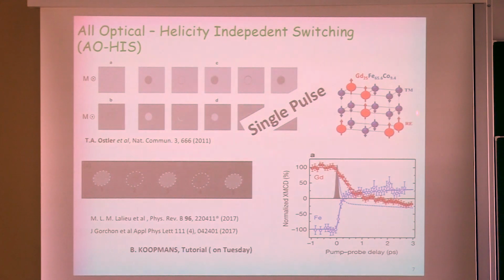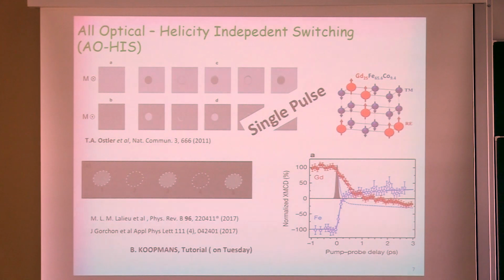So it was observed first on gadolinium-cobalt alloys, and we have seen from the group of Bert Koopmans, also from the group of Jeffrey Bokor, that it could also be materials which are exchange coupled to some gadolinium-cobalt alloys.